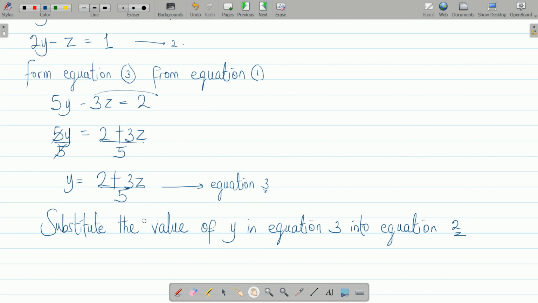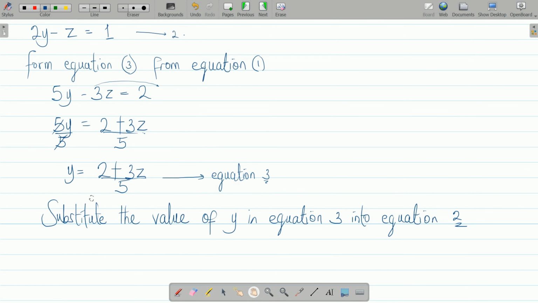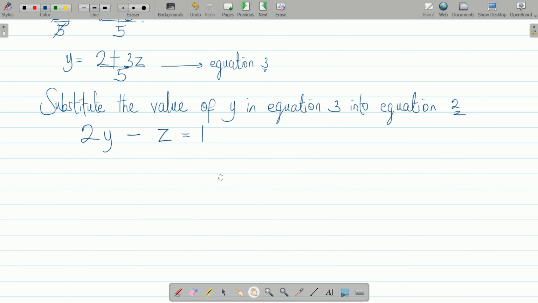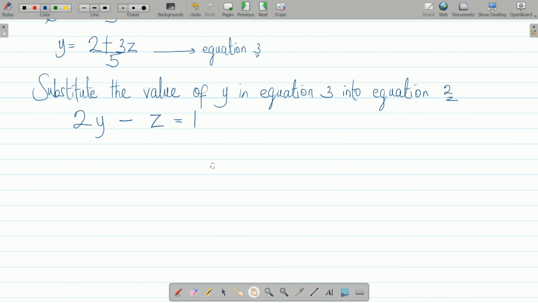Equation 2 is 2y minus z equals 1. From here I can substitute the value of y into it. y is 2 plus 3z over 5.